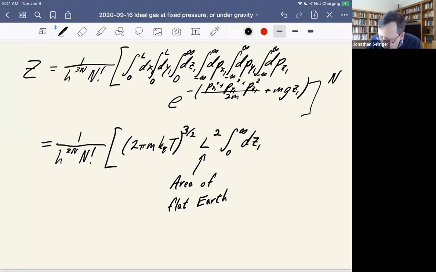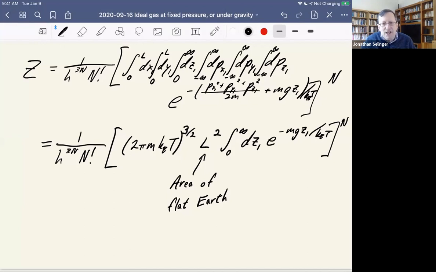So I still have an integral from 0 to infinity dz1 of e to the minus mg z1 over kT, because I forgot the kT here. So I still have to do this integral.